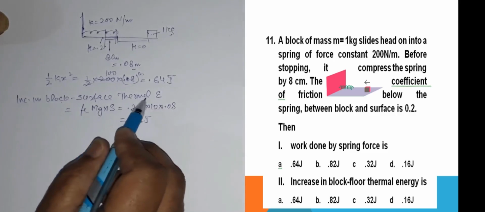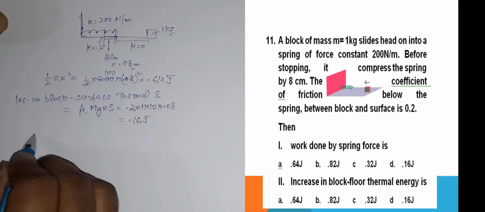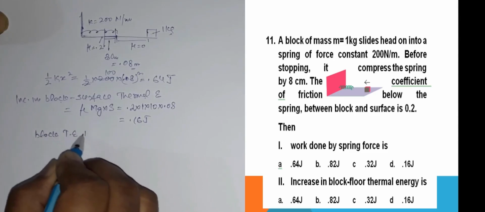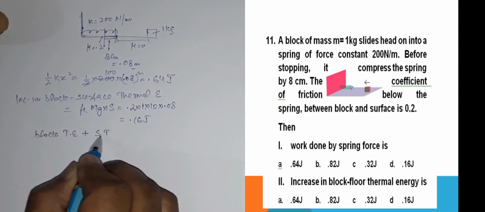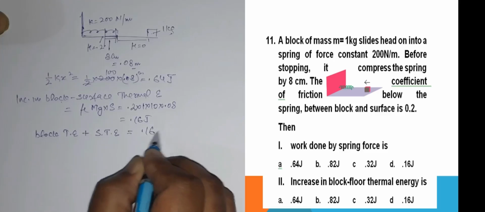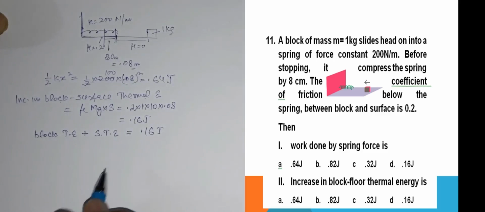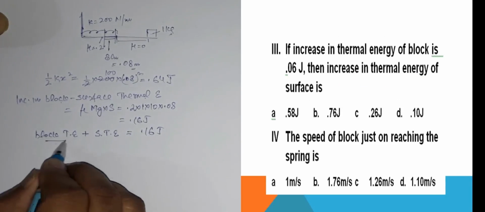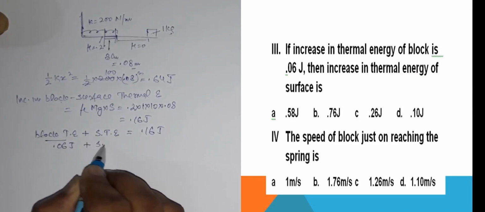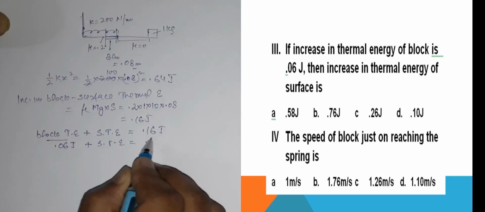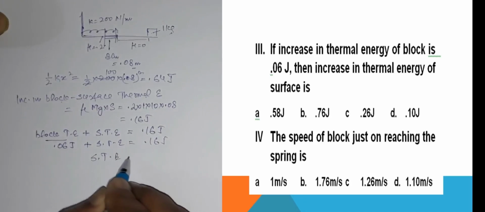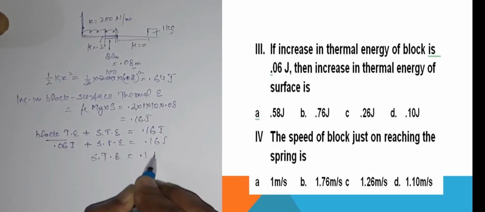This block surface thermal energy is the sum of block thermal energy plus surface thermal energy, that is equal to 0.16 joule. In third part it is given as block thermal energy is 0.06 joule plus surface thermal energy, that is equal to 0.16 joule. Therefore surface thermal energy is equal to 0.1 joule.